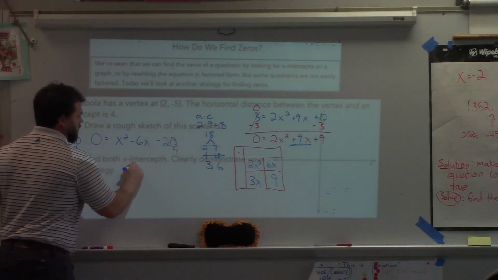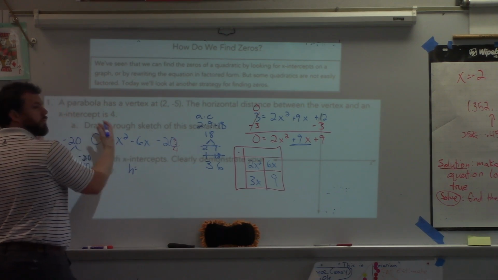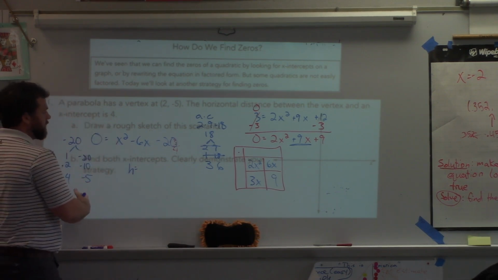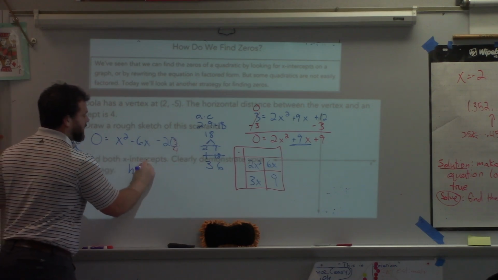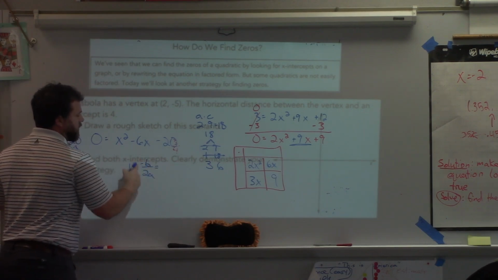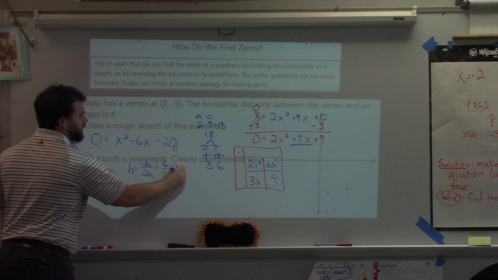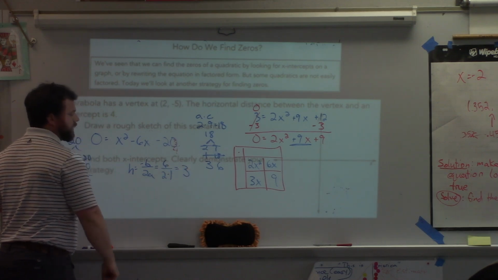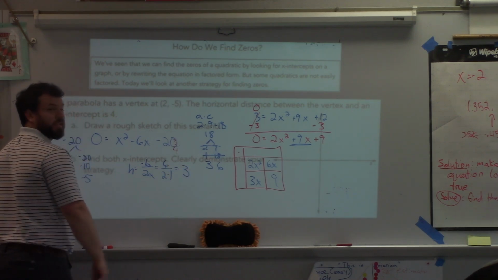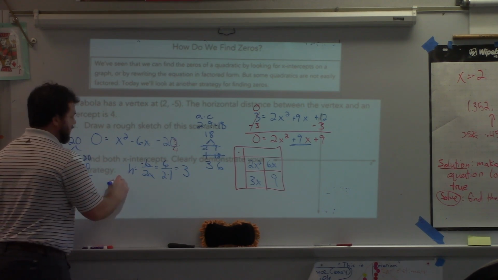But h, right? So there are no factors of A times C that add up to B. h equals the opposite of B divided by 2A. What's the opposite of negative 6? 6. Divided by 2 times 1, which is 6 divided by 2, or 3. That's easy, isn't it? Then I find k.